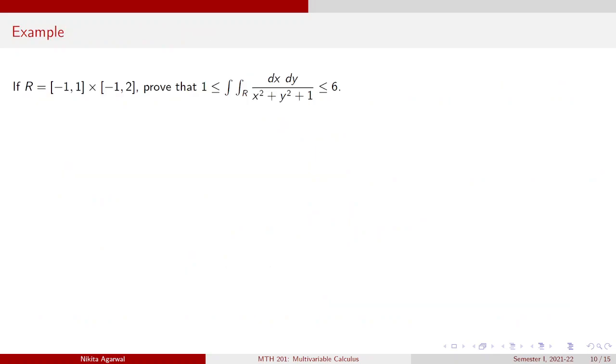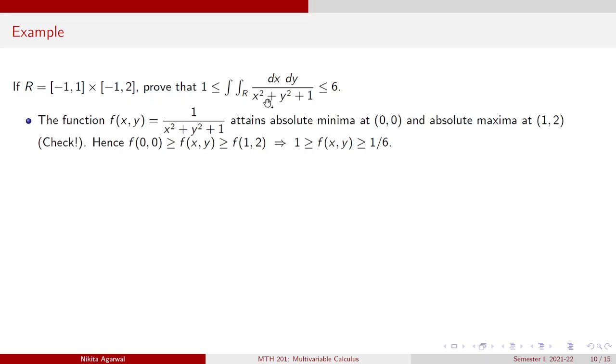Okay, let us look at this example. So suppose your rectangle R is this. We want to prove that this double integral over this rectangle is between 1 and 6. So let us look at this function which is 1 by x square plus y square plus 1.